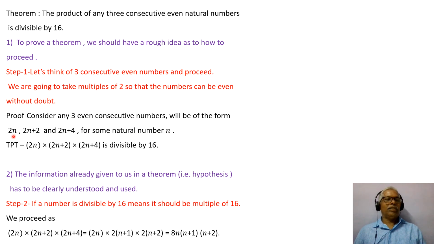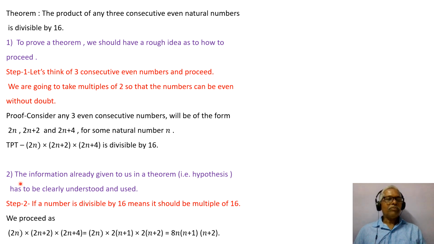For any value of n, these will all be even and consecutive even numbers. And we have to prove that 2n into 2n plus 2, the second number, into 2n plus 4, the third number, is divisible by 16. Very nice theorem and very nice explanation.